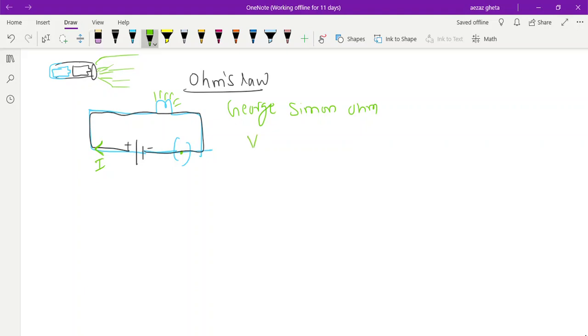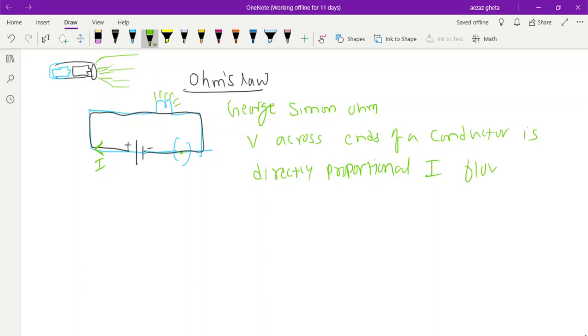Potential difference across the ends of a conductor is directly proportional to the current flowing through it. You can copy.